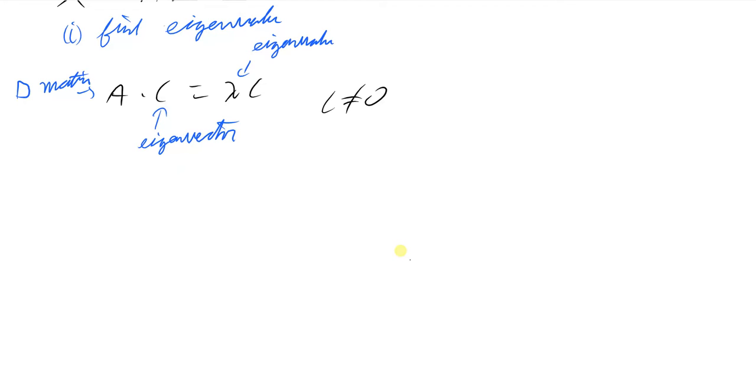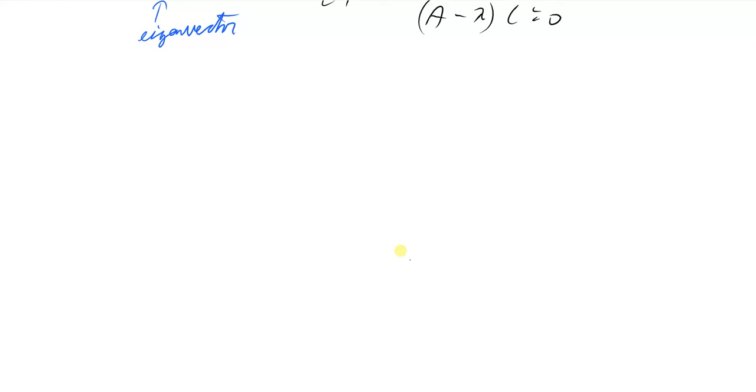So A c minus lambda c equals 0. Taking out the c, we have A minus lambda times c equals 0. And so to solve the matrix solution, we take the determinant of this inside bit here.